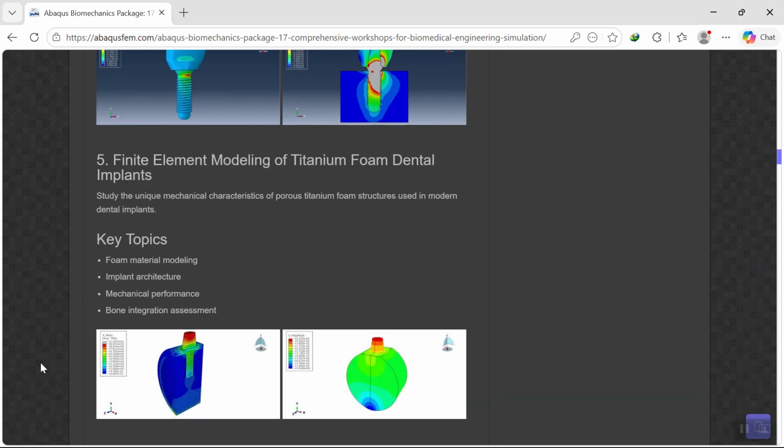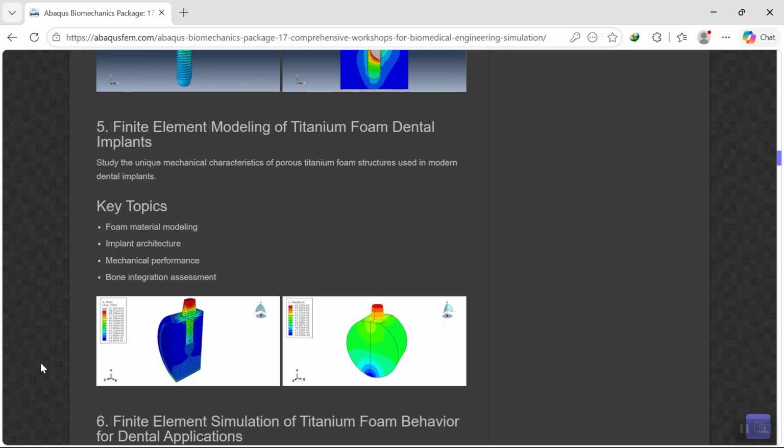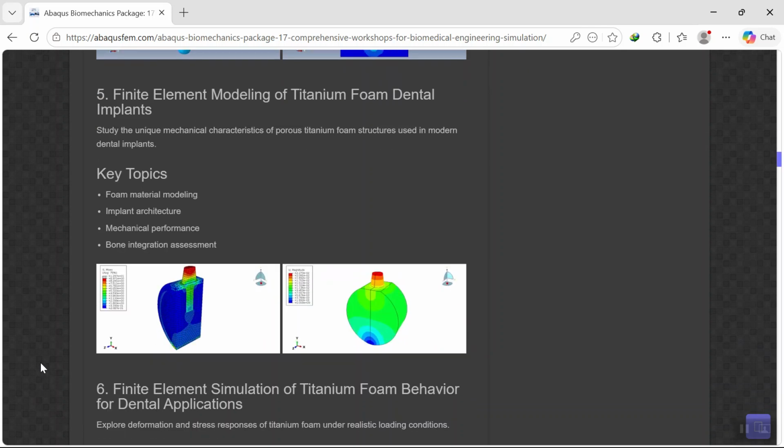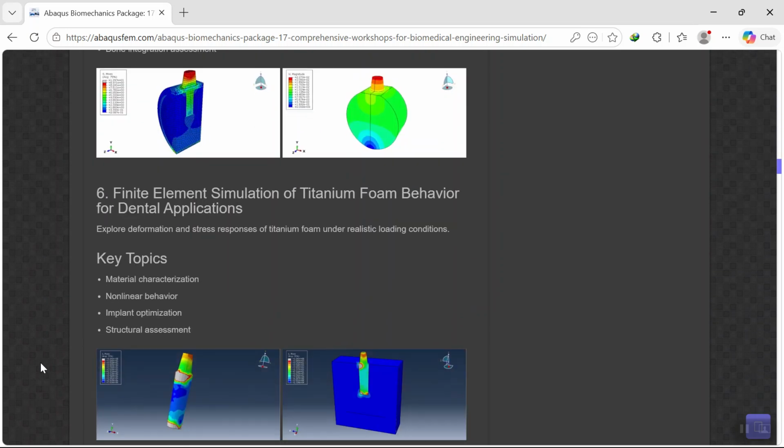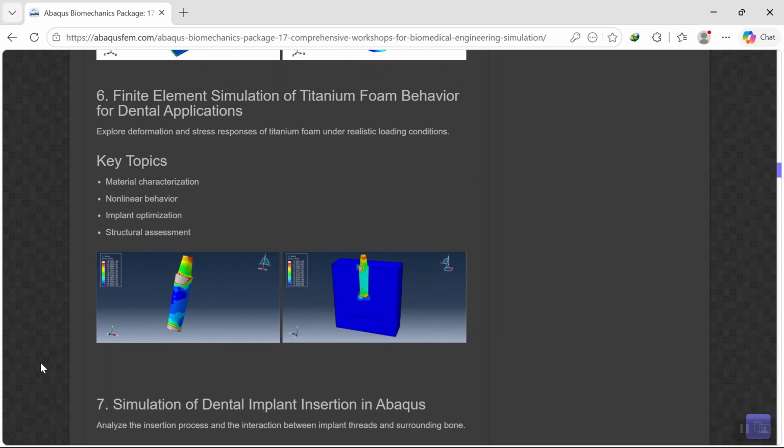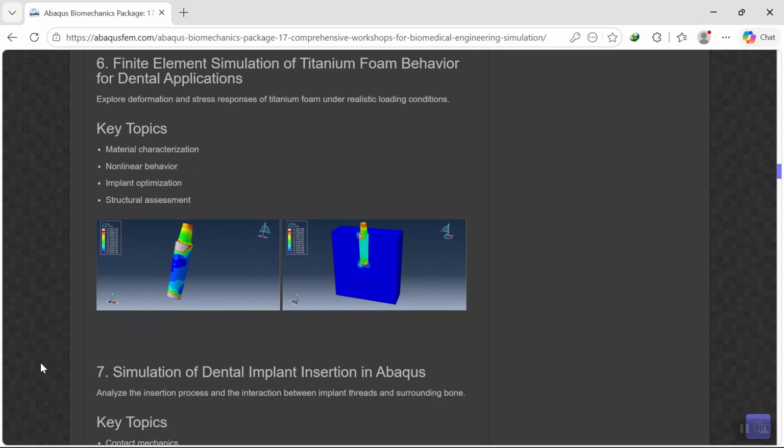You'll also study stress distribution inside the human tooth under loading conditions, helping you understand how forces are transferred through dental structure, as you can see in these pictures here. These projects are particularly valuable for researchers and engineers working in dental implant design and optimization.